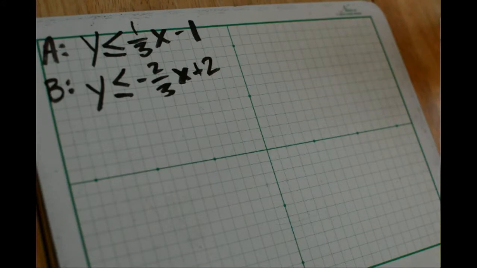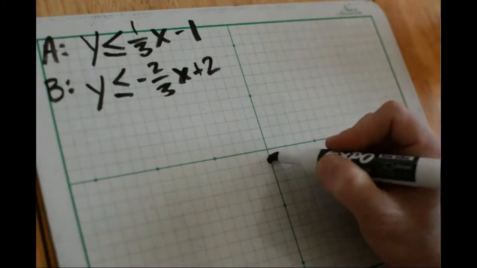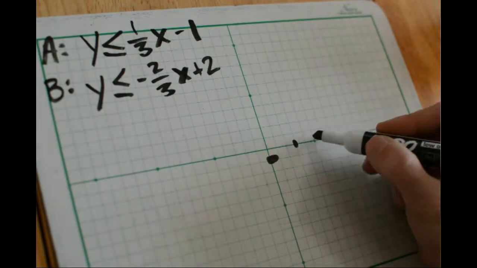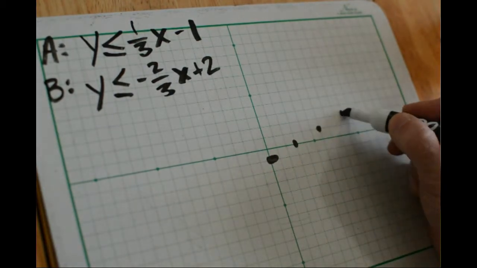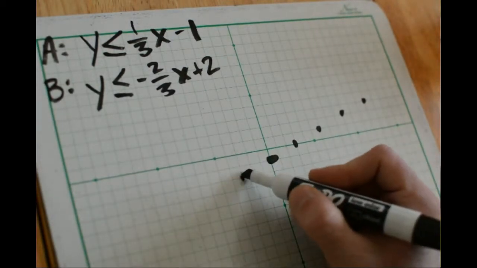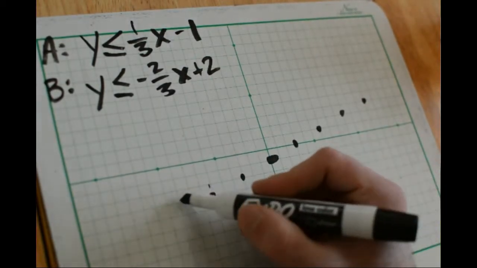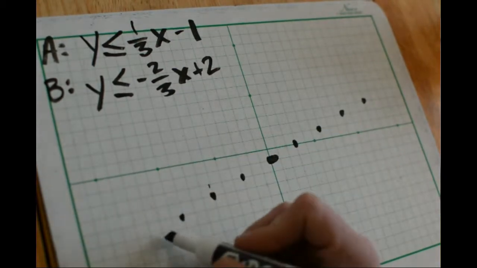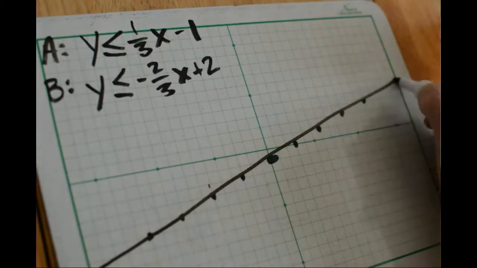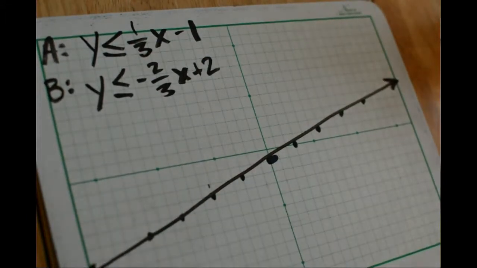So for inequality A, we're going to start at negative 1. Slope is 1/3, so that's right 3, up 1, right 3, up 1. Let's reverse that: left 3, down 1, left 3, down 1. And because that says less than or equal to, we'll use a solid boundary line.